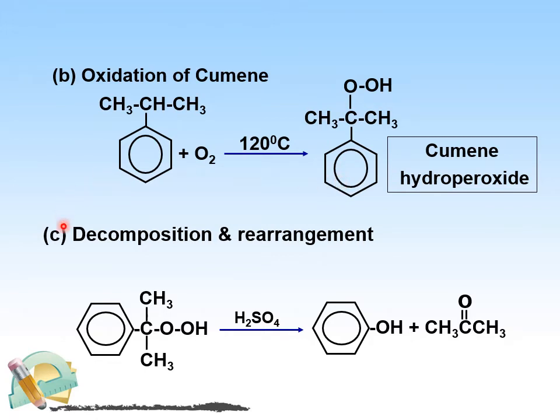After that, a process of decomposition and rearrangement is going to happen, whereby sulfuric acid will take away the rest of the atoms from the hydroperoxide and produce phenol. The byproduct would be propanone.